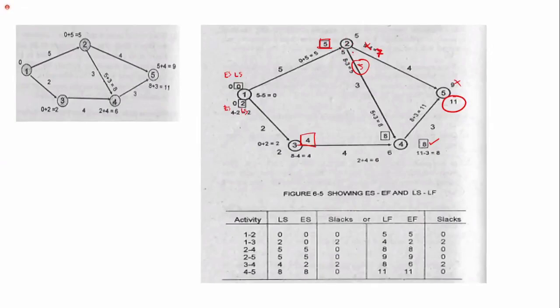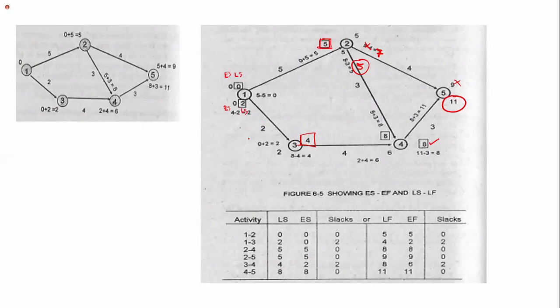At node 2, we have two late starts, 7 and 5. In a backward pass, we choose the smallest value, so 5. Then 5 minus 5 gives a late start of 0. For this path, the late start is 2.